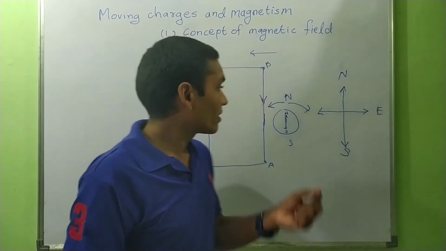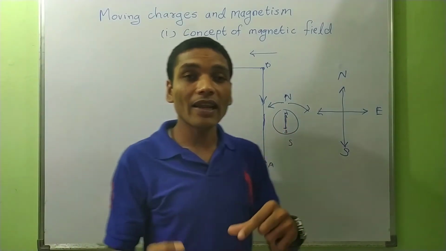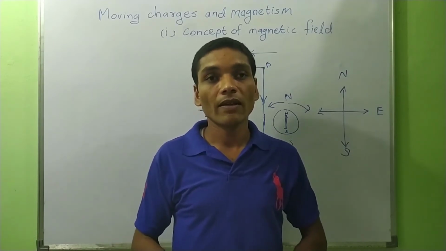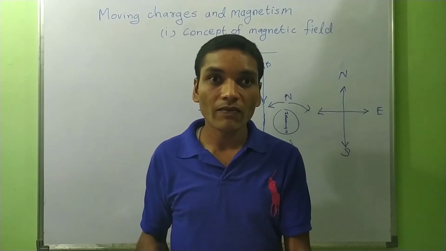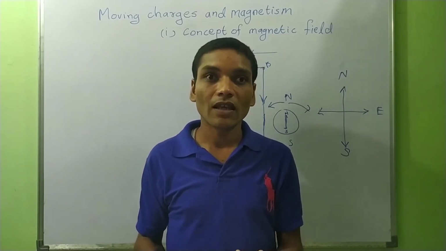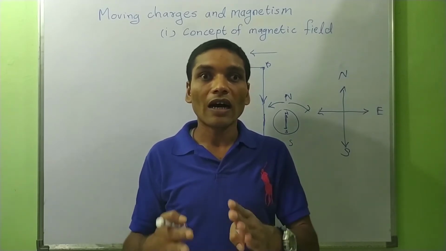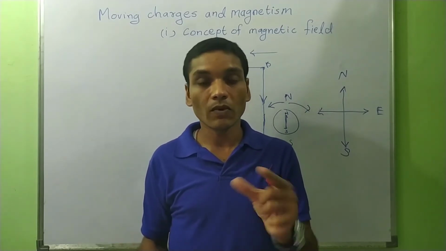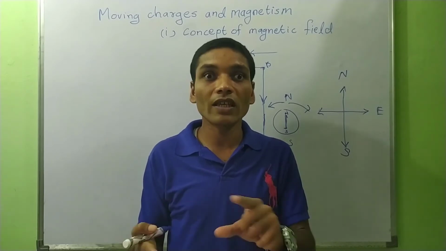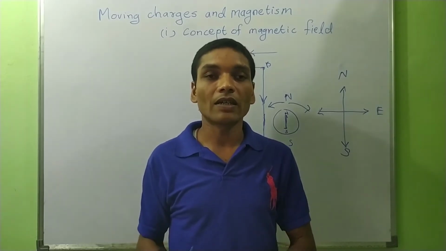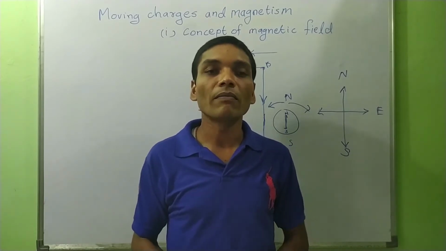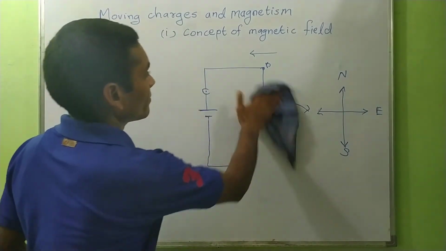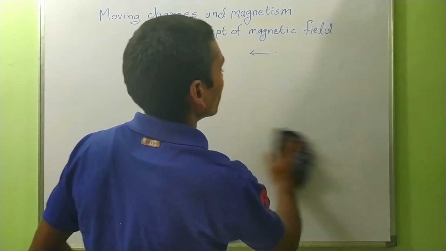Due to this, another charged particle which is at rest feels some magnetic force. So the concept of magnetic field is that when two charged particles are close to each other or under the influence of each other, then a magnetic field is produced, and magnetic force acts on the charged particle. This is the concept of magnetic field.